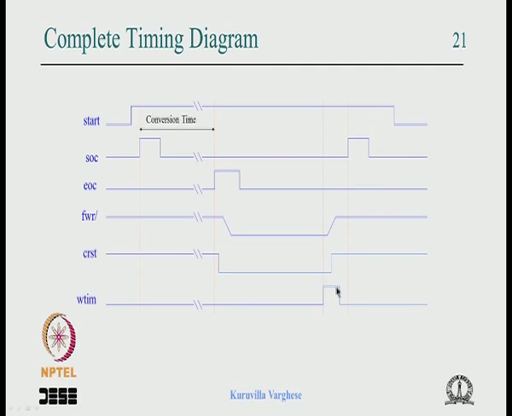When it comes out from the decoder, the reset is put back so that the counter is reset and inactive, and the FIFO write is made inactive by making it 1. Then again check for the start, and if start is 1, start the conversion, and the whole thing repeats.